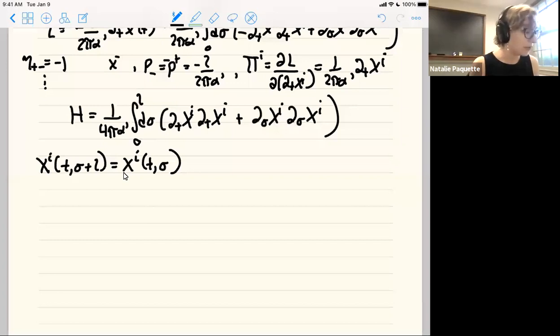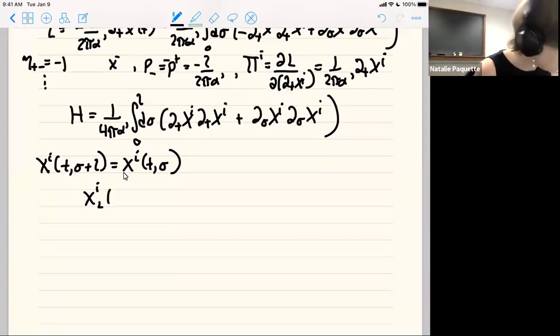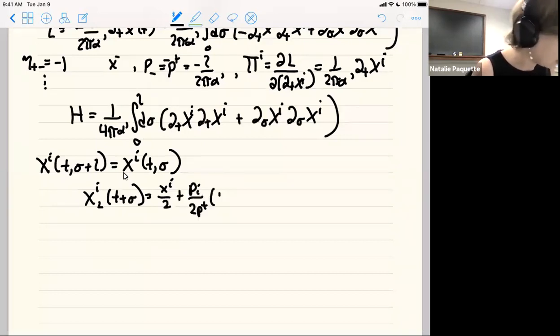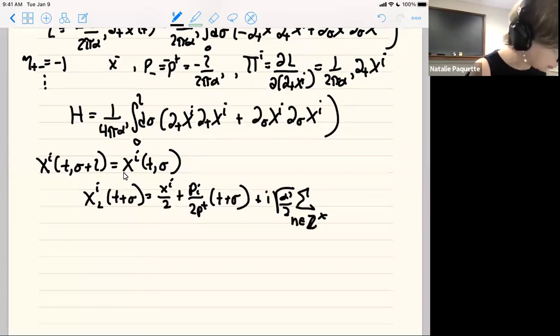So if we shift the spatial coordinate by the string length L, the mode expansion should come back to itself. And so the mode expansion is not hard to write down. Again, you've all probably done similar things already in your courses, if not this exact thing. There are some conventions involving normalizations. I've just chosen a particular one. The precise factors that appear in this formula are not important.